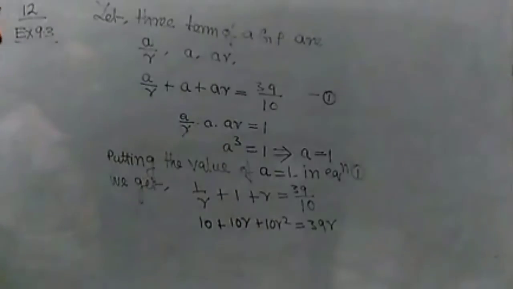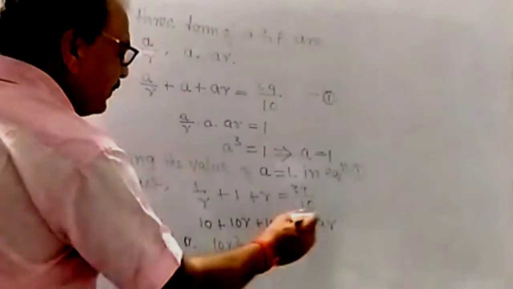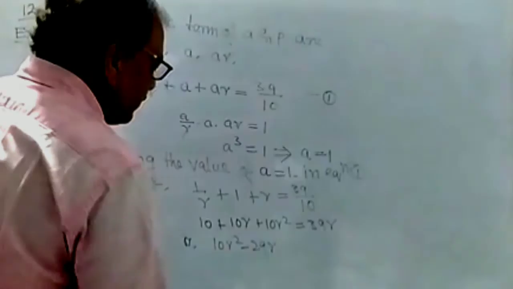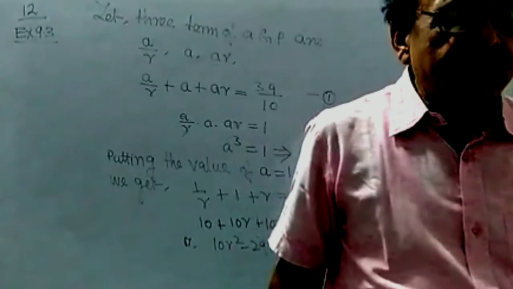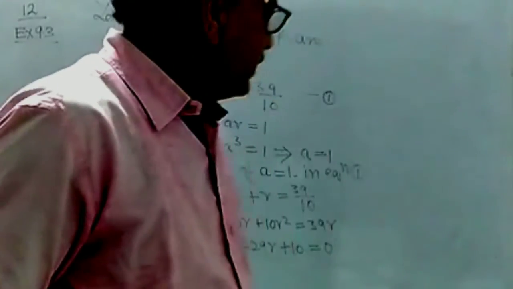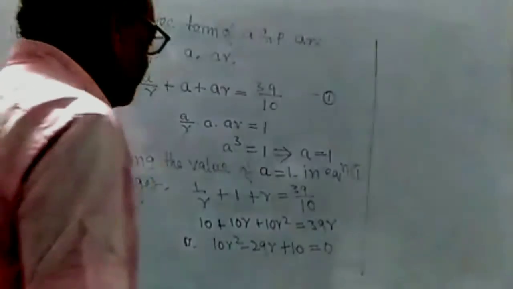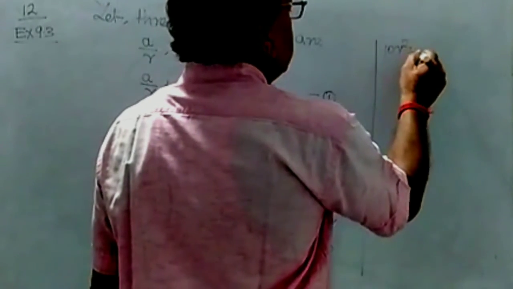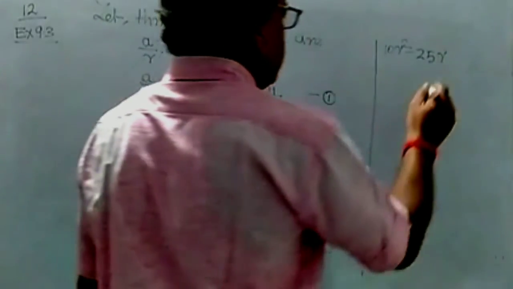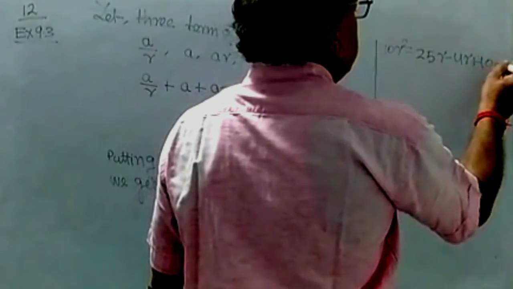So 10r square minus 29r plus 10 equal to 0. Now if you simplify this, you get 10r square minus 25r minus 4r plus 10 equal to 0.